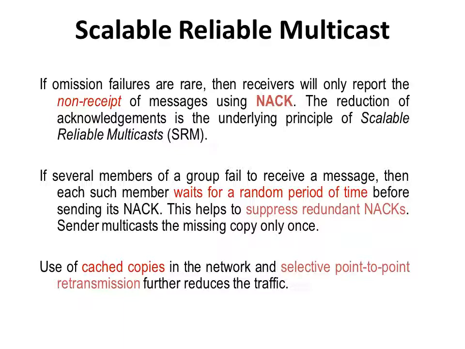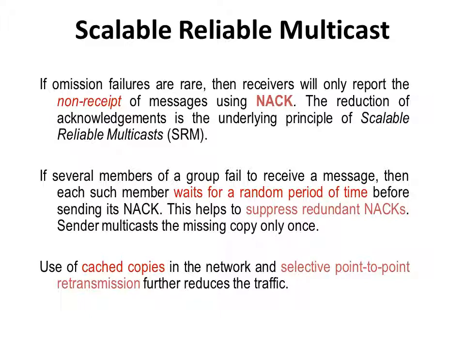So you have to know all these three ways of providing a scalable and reliable multicast: using negative acknowledgements, waiting a random period of time before you send back negative acknowledgements, and storing some of the messages in some selective points.